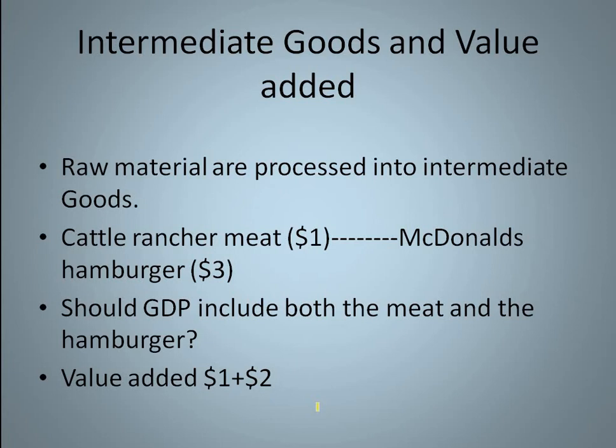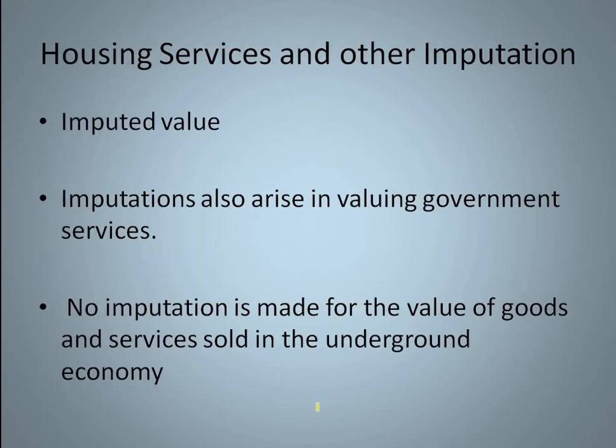So the last one is housing services and other imputations. We know that we calculate GDP on market value, but if there are services, such as housing services and other imputations, they have no market value. So how can we calculate the GDP of services which have no market value? First, what is imputed value?